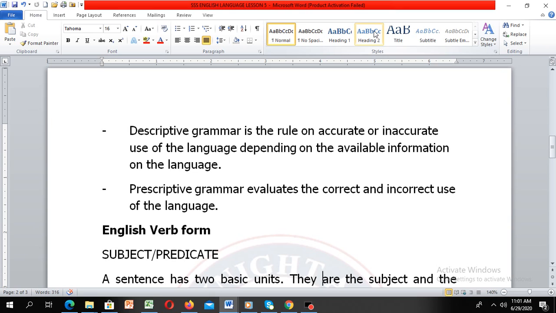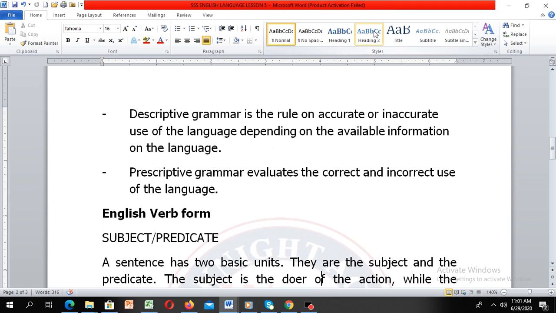When we use grammar, sometimes our grammar is not correct. We have these common errors in English. We have a book out there that spells out most of these incorrect English. More often than not we make use of un-English expressions to communicate. So this is dealt with under prescriptive grammar.